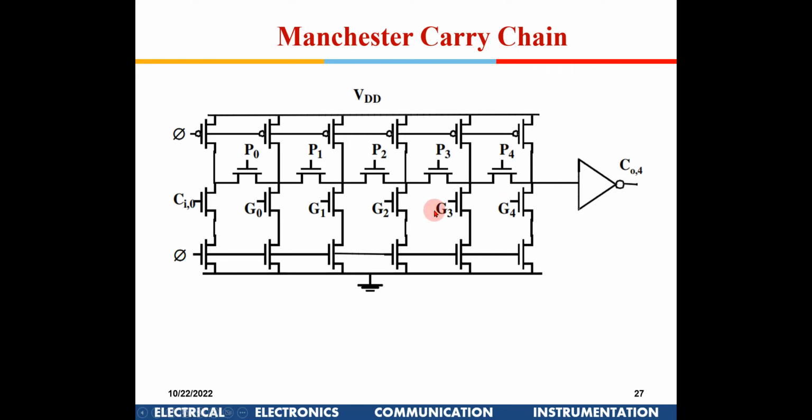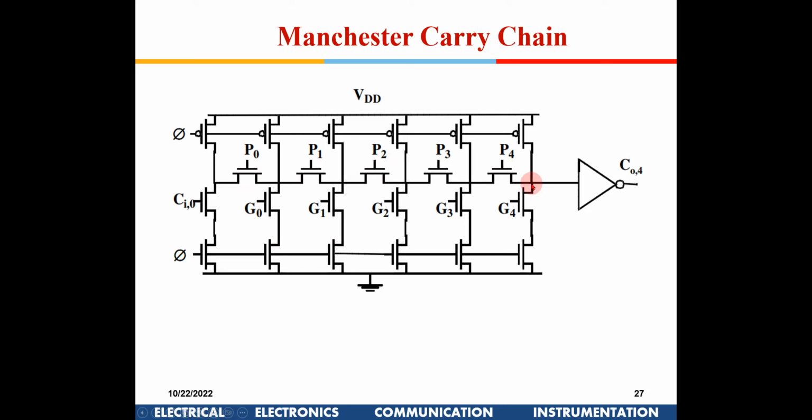Otherwise, if even G3 is off and I have P3 P4, then G2, so there is a path available here. The next path available will be G1 into P2 P3 P4, or G0 into P1 P2 P3 P4, or carry in is there and all the propagates are high.